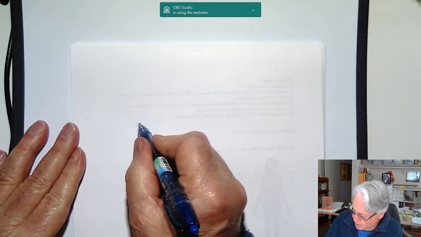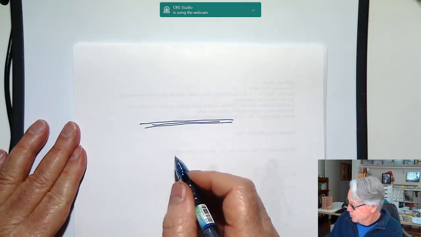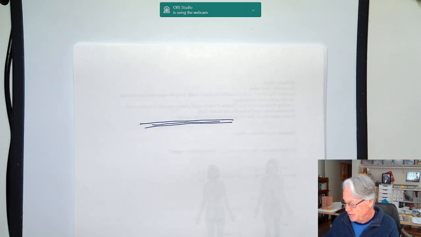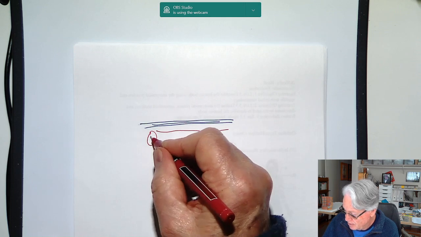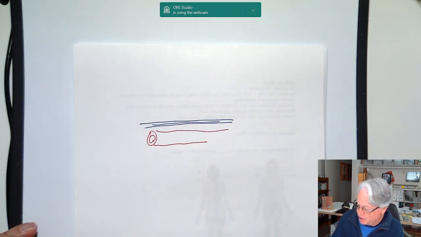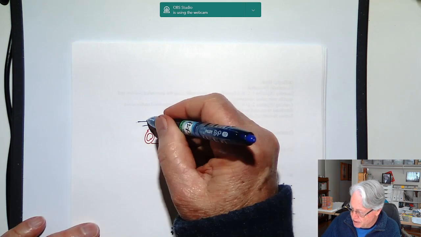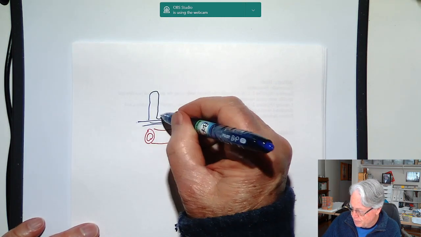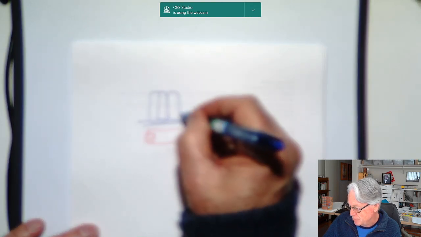So, here's my basement membrane, and I'm going to have blood vessels, and that's where I want my nutrients to end up. Lining the stomach are these columnar cells.